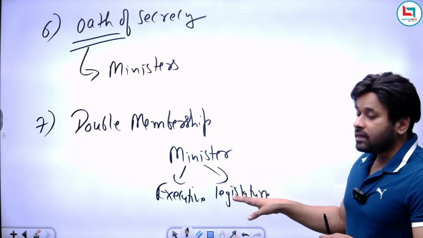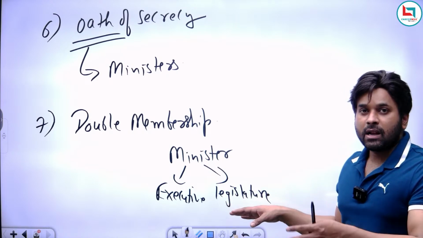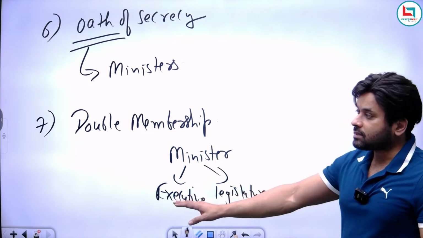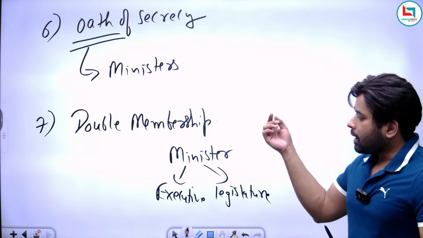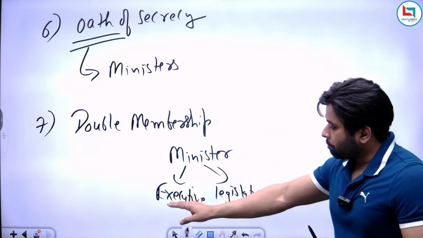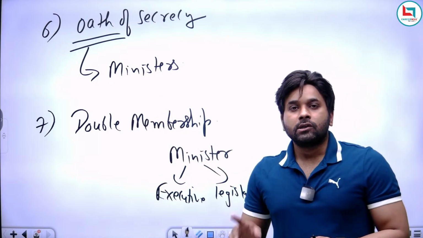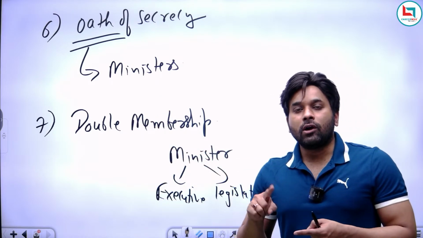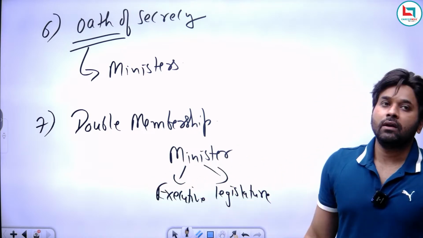So Narendra Modi is a member of the legislature because he is a Sansad from Varanasi, and he is also a minister, so that is why he is a part of the executive. So remember, a minister is a member of both the organs of the government, and that is why we are calling it double membership. So I hope this is clear, why we call it double membership, because the minister is a member of both the organs of the government.